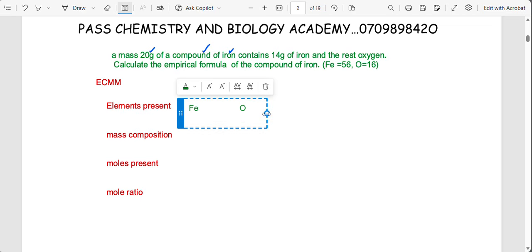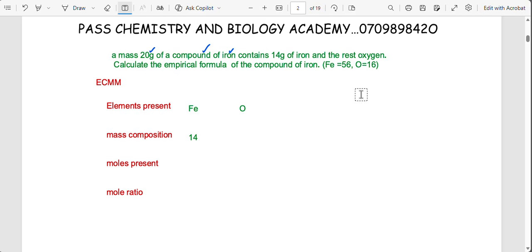Meaning in this compound we have iron and oxygen. But we said write the symbols. We don't write the word iron, but write the symbol of iron. So the symbol for iron is Fe. We have iron and oxygen. Oxygen is symbolized by O. That is done.